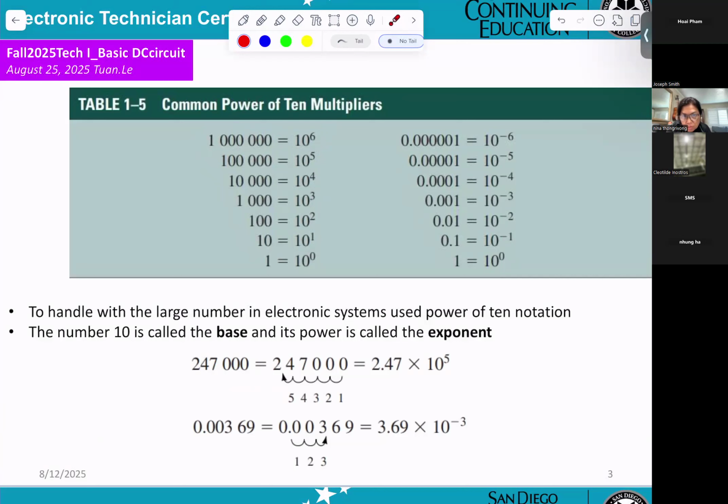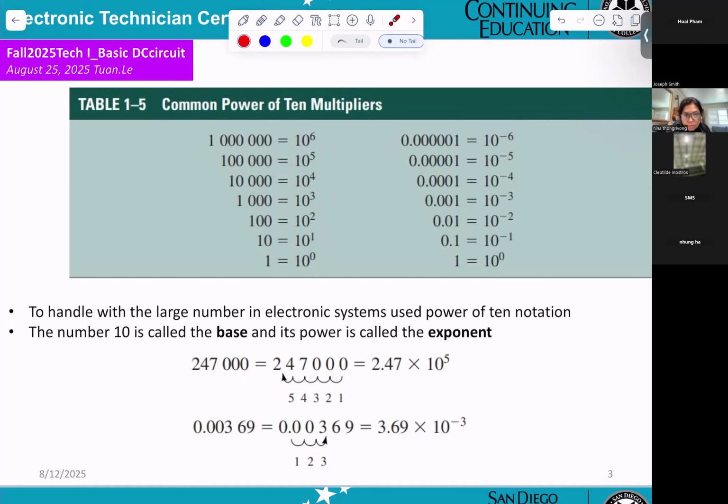They use 10 to the power of 6. So you understand, power of 10 saves a lot of space and time. And 0.00001 is 10 to the minus 5, minus 6, minus 4.